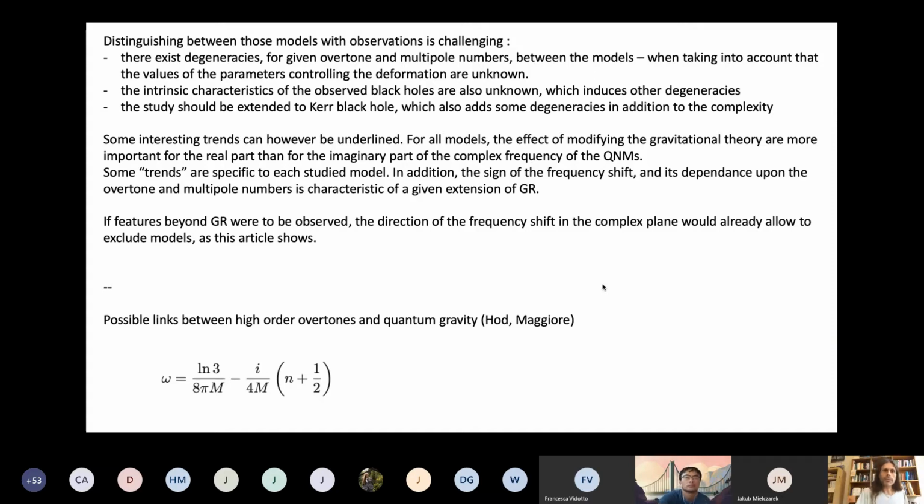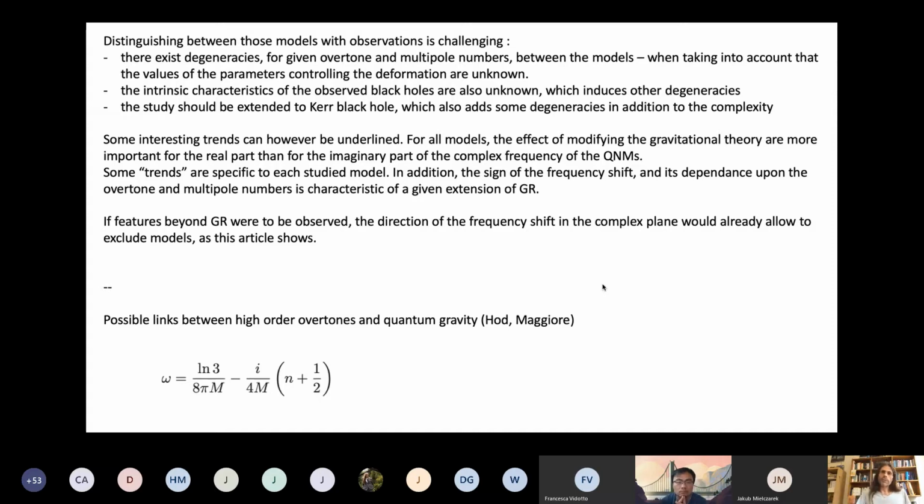Then the intrinsic characteristics of the observed black holes are, of course, also unknown in real astrophysical situations, and this adds up other degeneracies. And of course, real-life black holes are not Schwarzschild black holes, they are Kerr black holes, and this would also add up degeneracies. So it's very complicated to use those measurements to really determine the parameters, but some interesting and generic trends can be underlined.